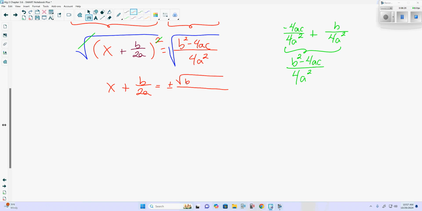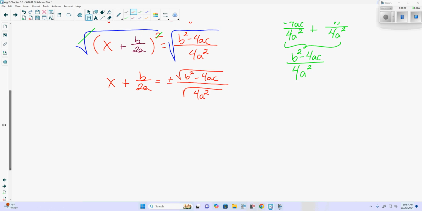I'm going to split this apart. We have the square root of b squared minus 4ac over the square root of 4a squared. Now, because of our properties of addition and subtraction, the square root of b squared minus 4ac is as simplified as it gets, especially in this general form.